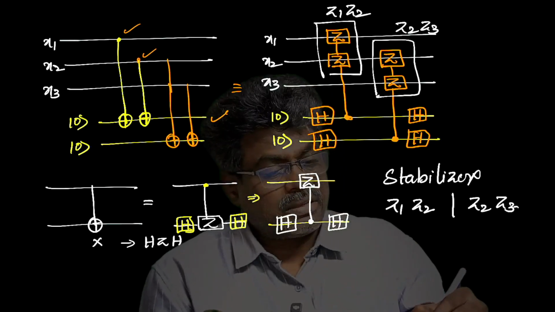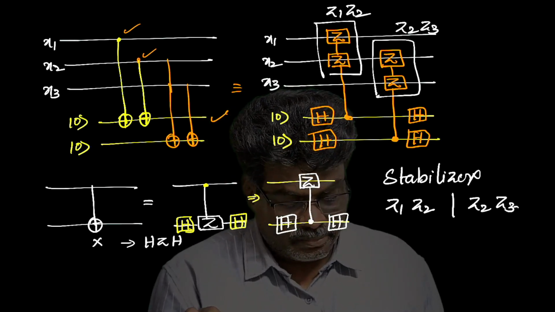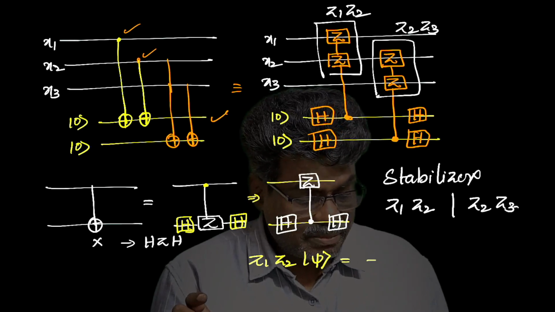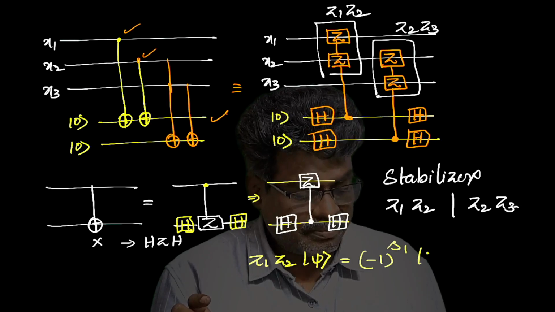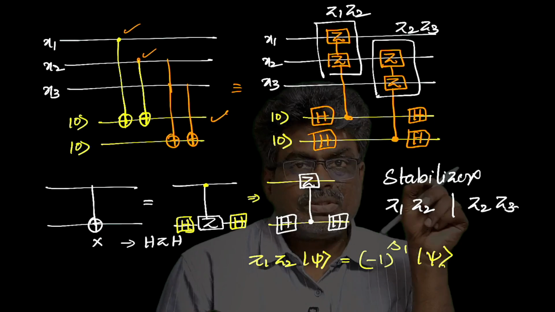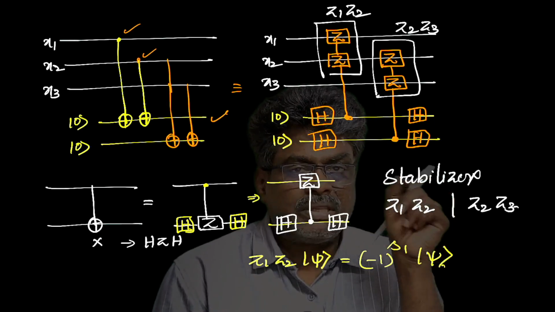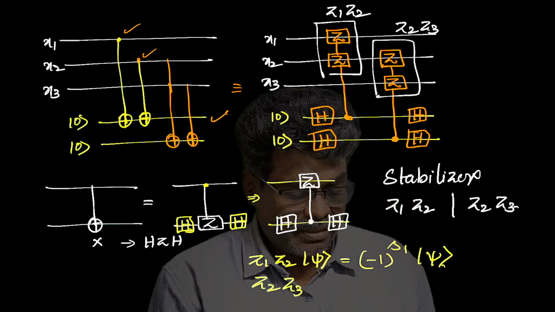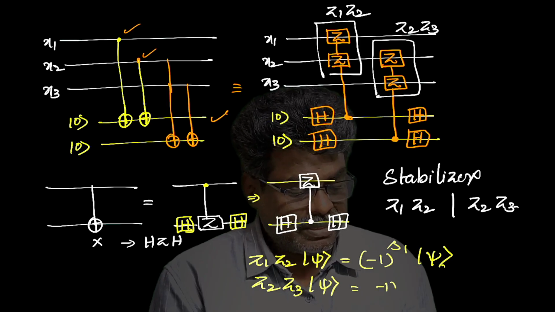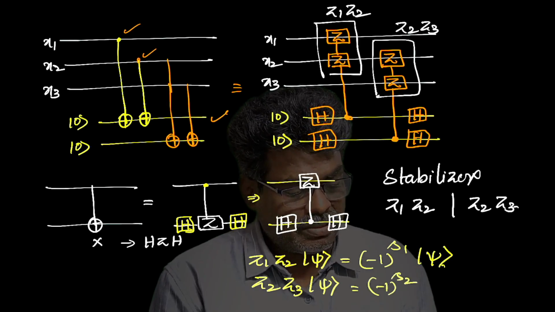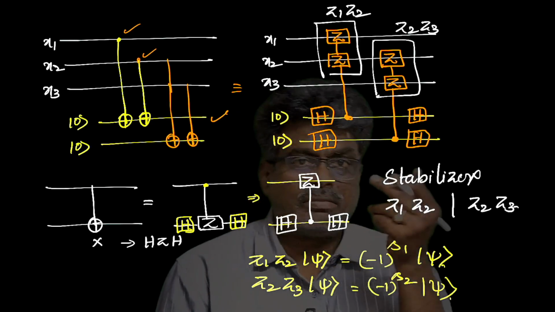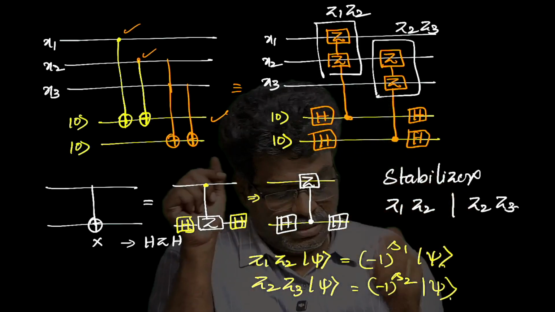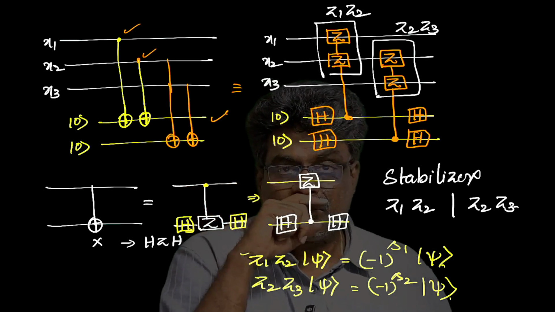And we can say like this also: Z1 Z2 operates on psi, this is -1 to the power S1. If S1 is 0, you will get a plus parity. If S1 is 1, you will get a negative parity. And Z2 Z3 operates on the syndrome state, that is -1 to the power S2 psi, the same. So finally, if S1 equals 1, we will have a parity change.